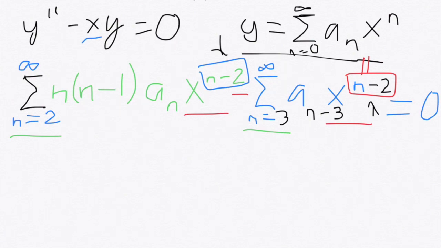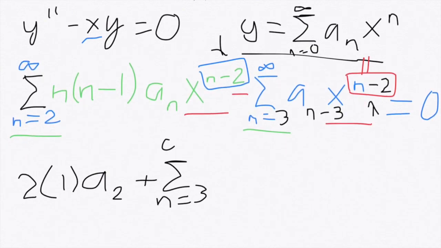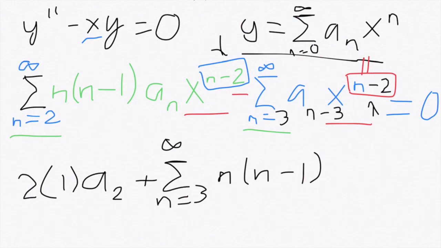If we plug 2 into this series, we get 2 times 1 times a_2 times x to the 0, which is just 1, plus the sum from 3 to infinity of n times n minus 1 times a_n times x to the n minus 2, minus this series over here.